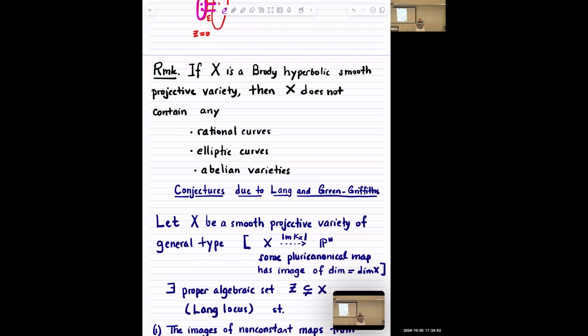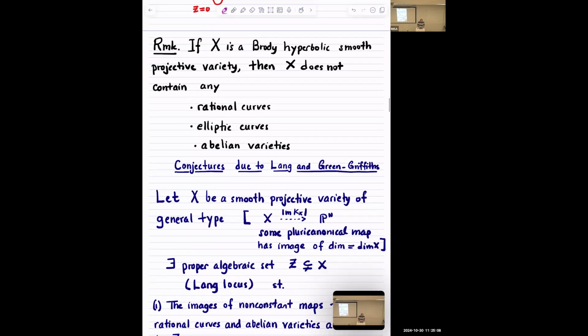And much of the motivation, much of the interest in the subject comes from the following conjectures due to Lang and Green and Griffiths.